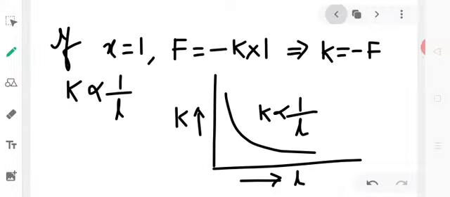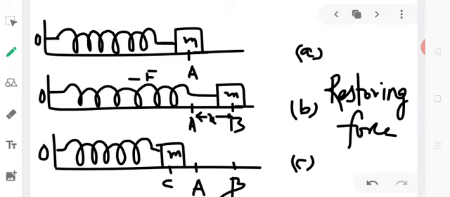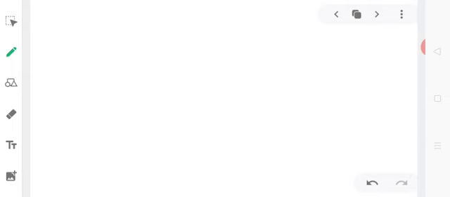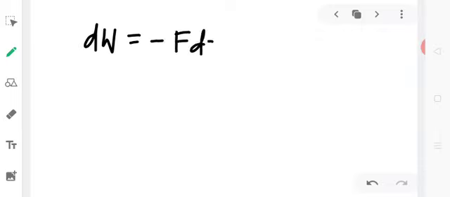Suppose if we follow this diagram, we are giving a small displacement dx against the restoring force. So small amount of work done in increasing the length of the spring by dx. As we all know that work done is force into displacement, so small amount of work done dW will be equal to minus F into dx, and that is equal to kx dx as per Hooke's law.